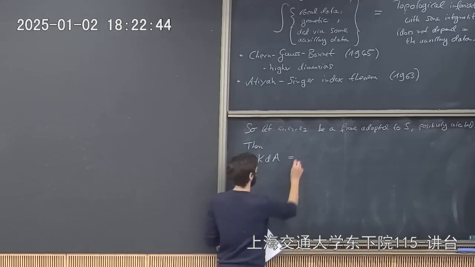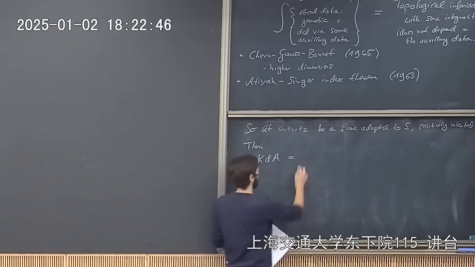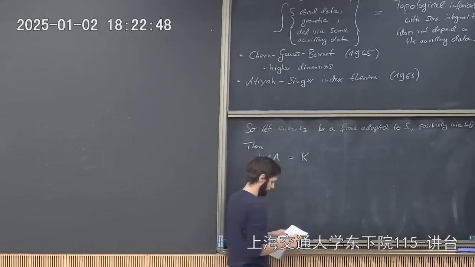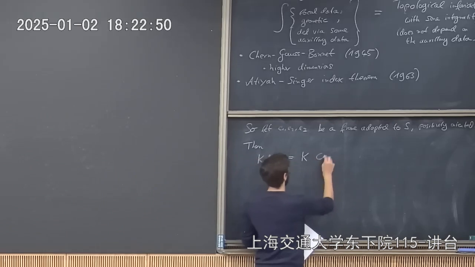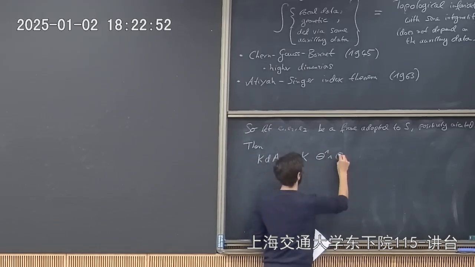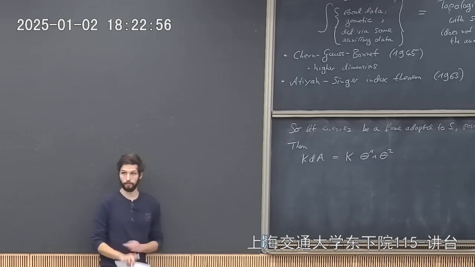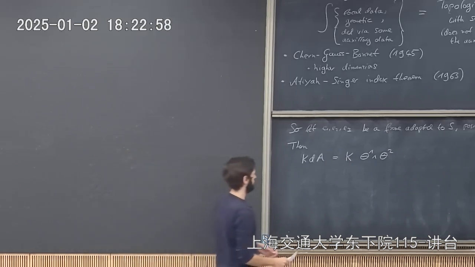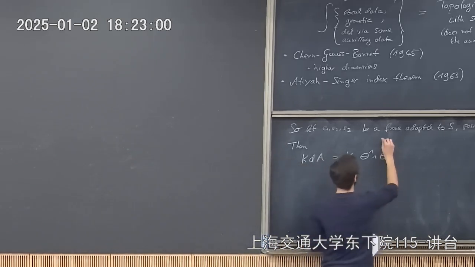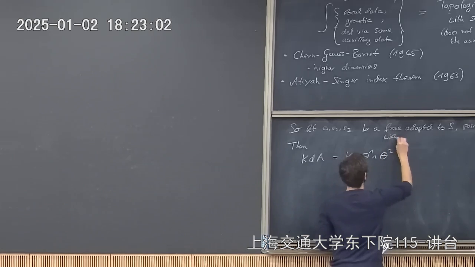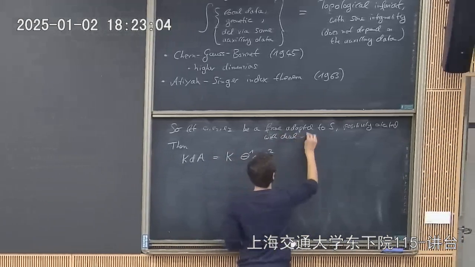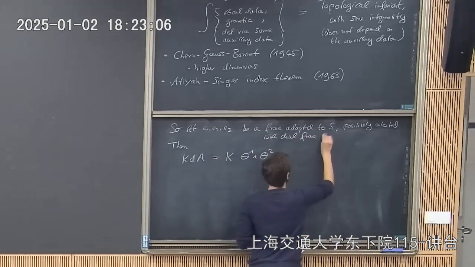First of all, because it's positively oriented, we can write dA in terms of our by now favorite elements, the dual frame.